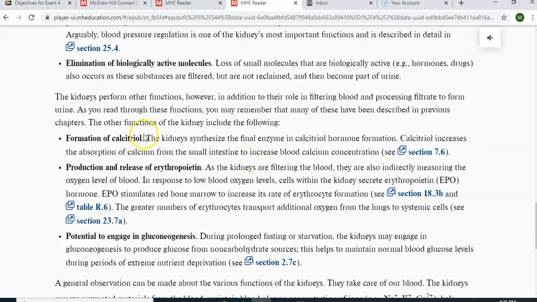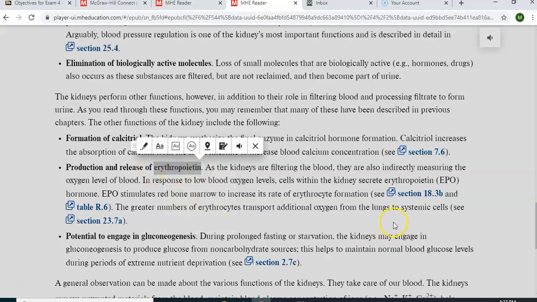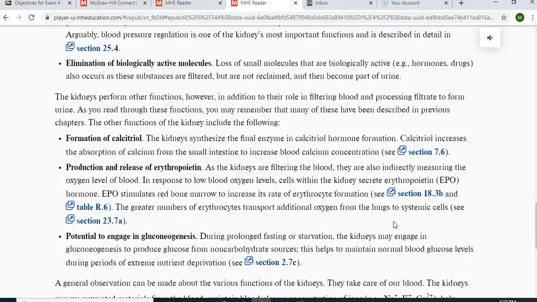And then the second one, this is a hormone, erythropoietin. So kidneys have a minor role in the endocrine system because the kidneys do have cells that can produce a hormone. And this hormone, we may have talked a little bit about that when we were talking about the blood.